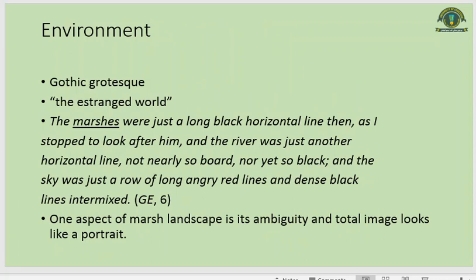Okay, not only is he focusing on human characters but also on settings. He always uses Gothic types of environments, a strange world, you can say.